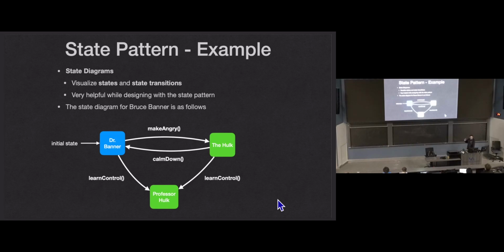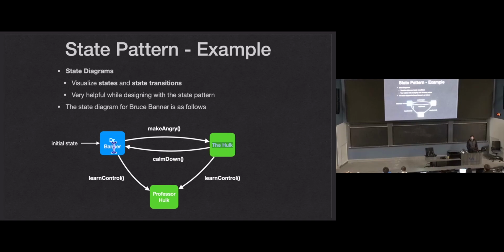So a state diagram is each of the states that your object can be in, and any of the state transitions. What method calls are going to trigger state transitions? So with Bruce Banner, his initial state is Dr. Banner. If you call make angry, he's going to transition to the Hulk state, and he's going to get all of the Hulk behavior.